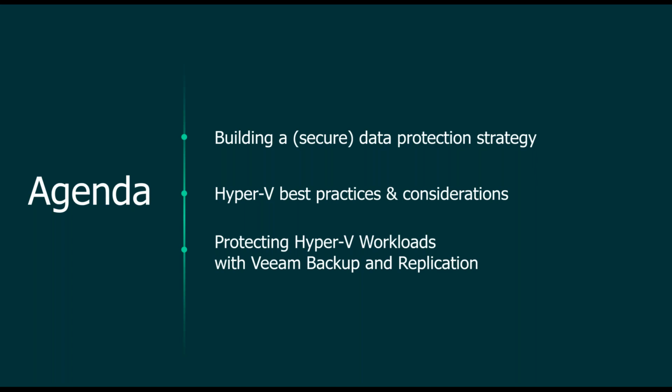Then we'll get into more Hyper-V specific things, best practices around Hyper-V from a security perspective, from a protection perspective. And then we'll go into backup and replication and how Veeam actually protects those workloads, some best practices and considerations around that, and we'll take it from there. And then, like I said, at the end, we'll do questions. I'll try to save 5 minutes for questions or so at the end.